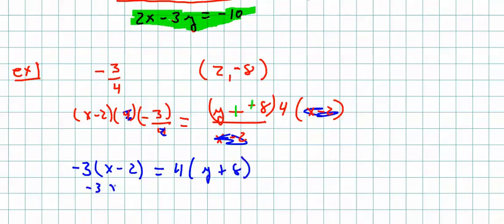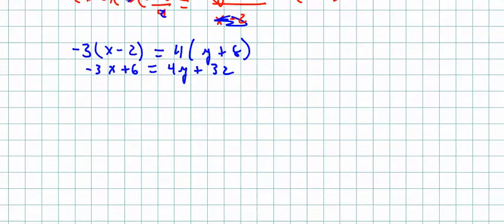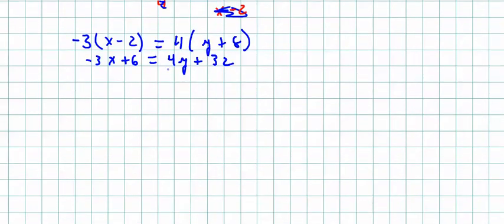Distribute: negative 3x plus 6. Pay attention to your signs. 4y plus 32. A lot of you like to take a shortcut here and subtract 4y to both sides and subtract 6 to both sides, which is perfectly acceptable.